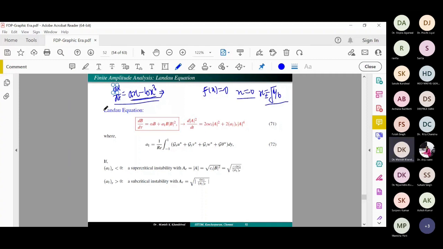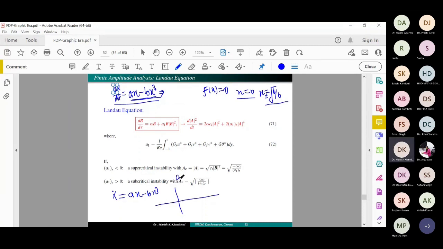So now we see the picture. We first plot x dot, which is dx/dt = ax - bx^3. We want to plot this graph. Suppose a is greater than 0.